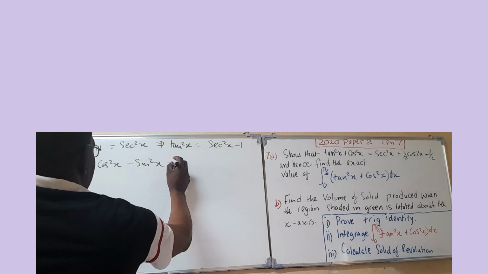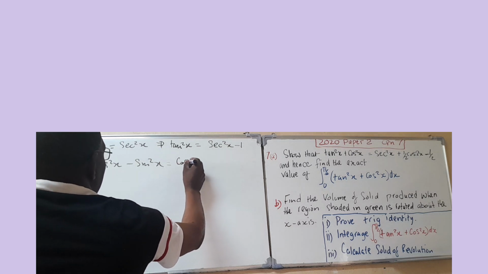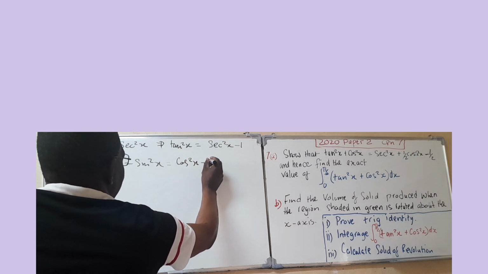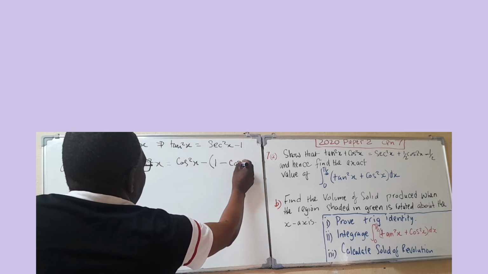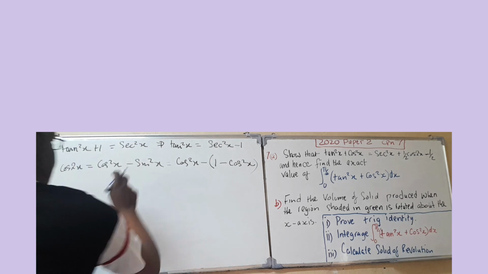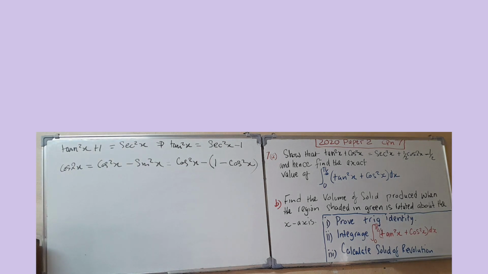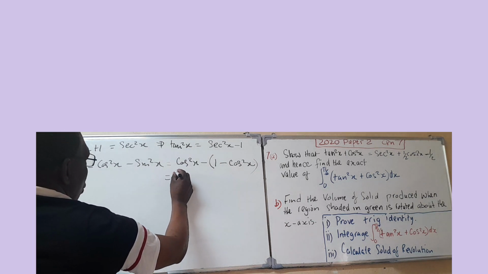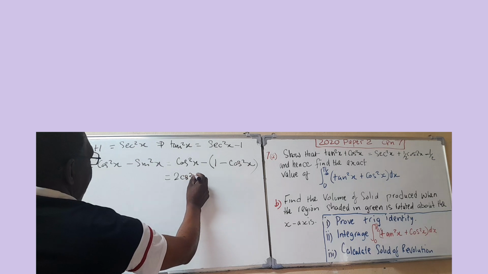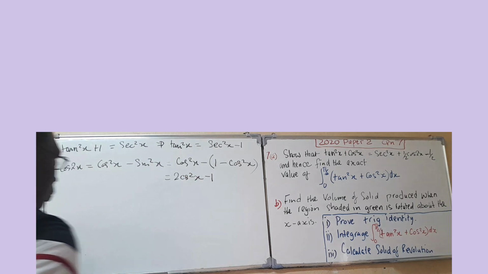So this can be written as cos squared x minus brackets 1 minus cos squared x, because sine squared x is 1 minus cos squared x. So this becomes a plus, and we end up with 2 cos squared x minus 1.